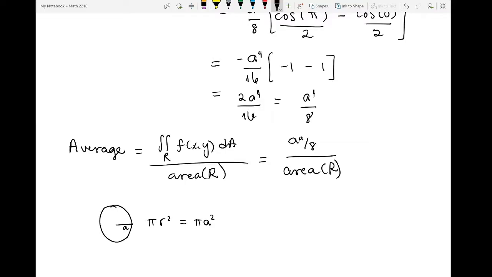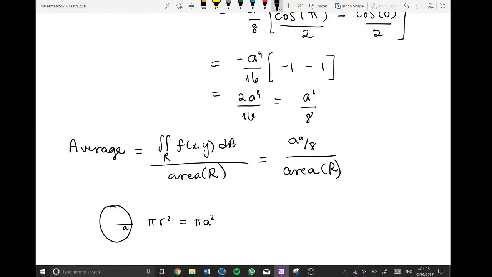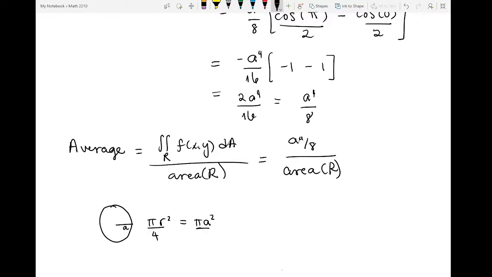And I only want 1/4 of that area, so let me just divide my answer here by 4. And that will give me this region right here that I'm interested in. Okay? Now I can shove that into the average equation to find the average of the function. That will be pi a squared over 4.